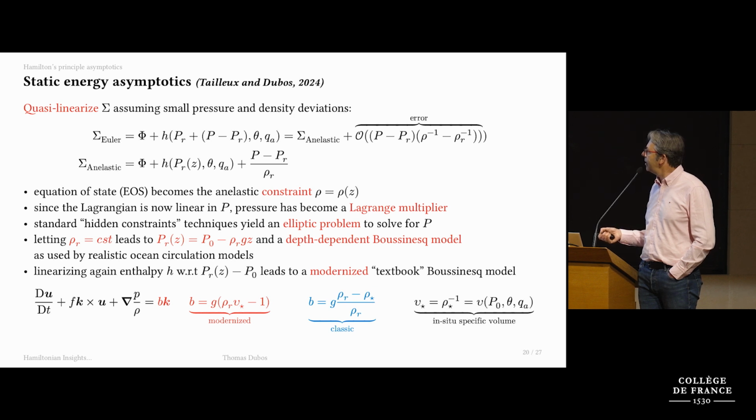So B is proportional to a difference of specific volumes, while in the standard Boussinesq approximation, B is proportional to a difference in densities, which is the inverse of the specific volume.